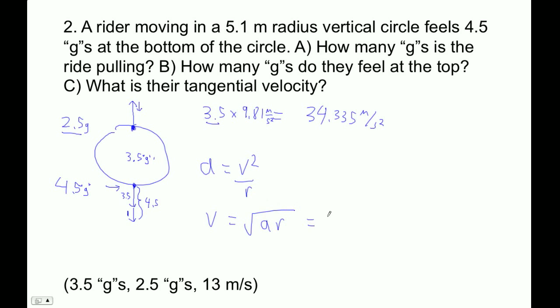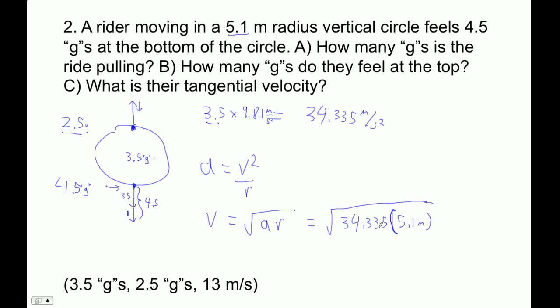It's like a pirate formula. All right, so then we go square root of 34.335 times, what's our radius? 5.1 meters. These are supposed to be parentheses, but they're having a hard time there.